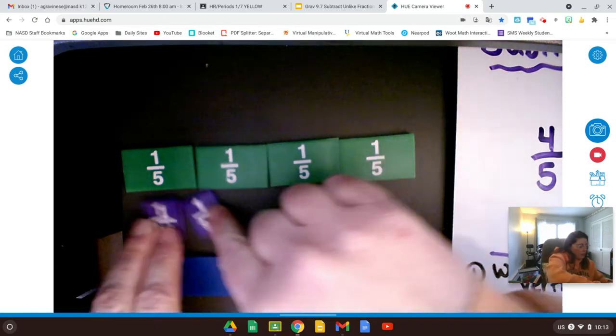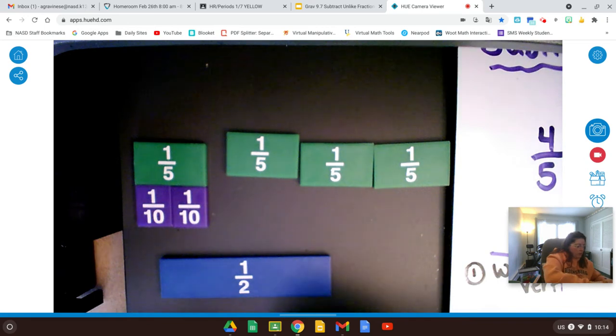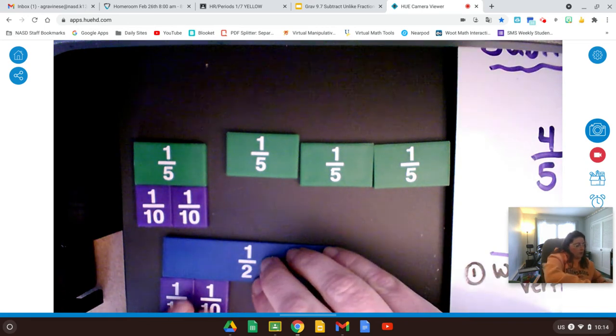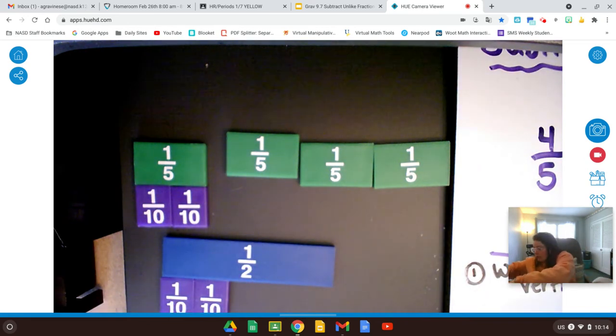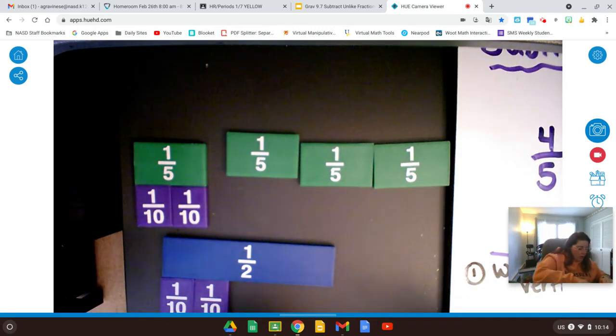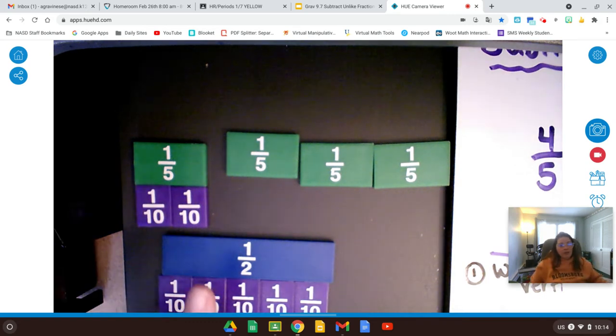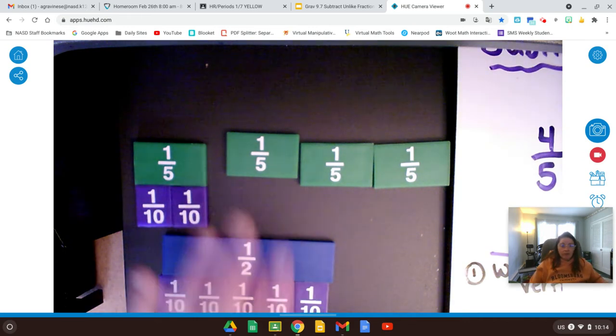I can make 1/5 into tenths, and I can also make 1/2 into tenths. They both work. So because my fifths and my half can both be made into tenths, that's why it's my common denominator. And then using this can help you make your equivalent fractions.